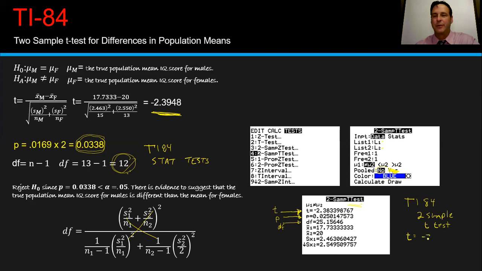It's negative 2.383. I'm going to give the p-value, which is 0.0250. I don't have to double it or subtract from 1 or anything like that. And I also want to write the degrees of freedom, and not the one that is the shortcut version. I'll go with the calculator version, 25.156. So write all three of those.